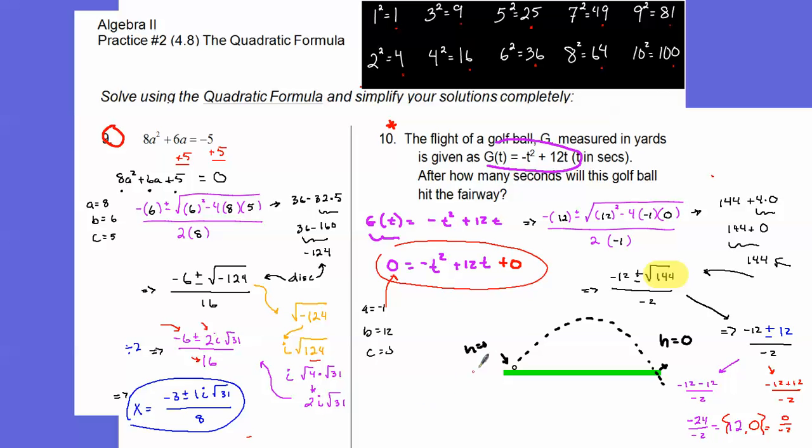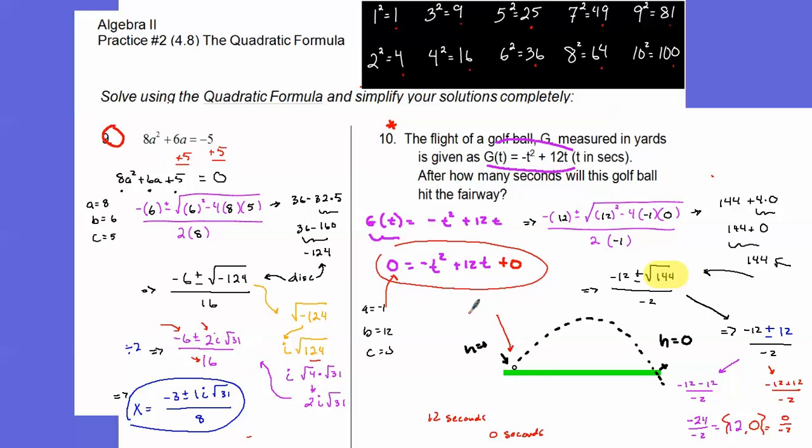What does this mean in terms of the picture? Remember that t is in seconds. So this would be 12 seconds and 0 seconds, which makes some sense.